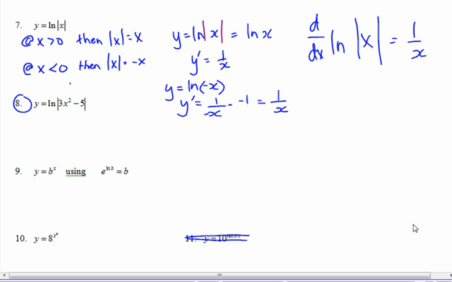So this function is actually equal to the natural log of 3x squared minus 5. And that's why their derivatives are also the same. Because with this function, you can't take the natural log of a negative. So there are no negative values of x. Well, actually, there could be because it's squared in this case. Yeah. But this inside has to be greater than 0.